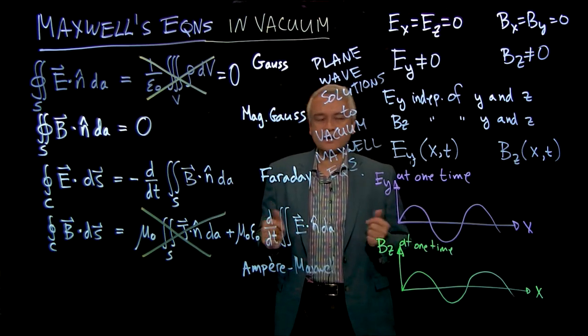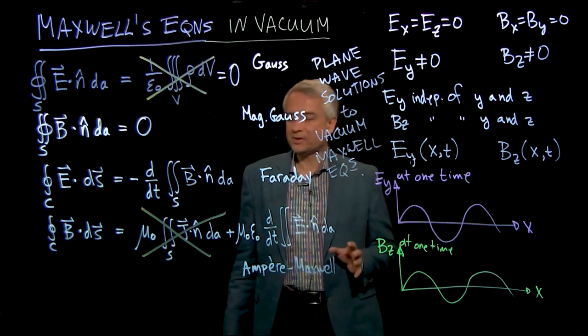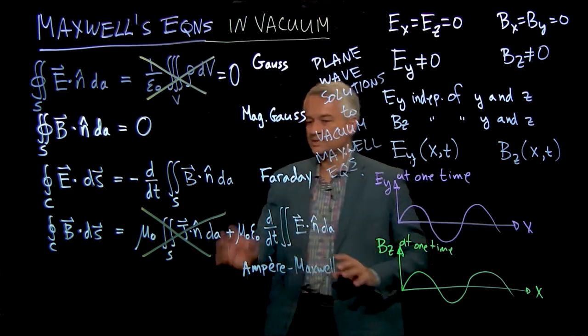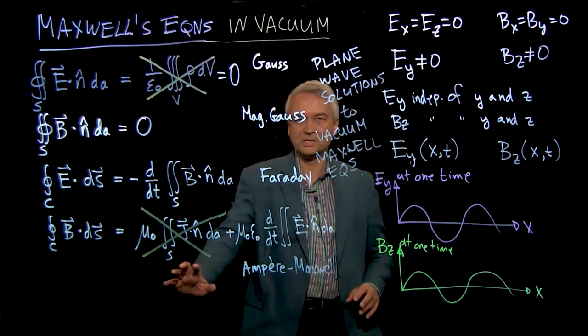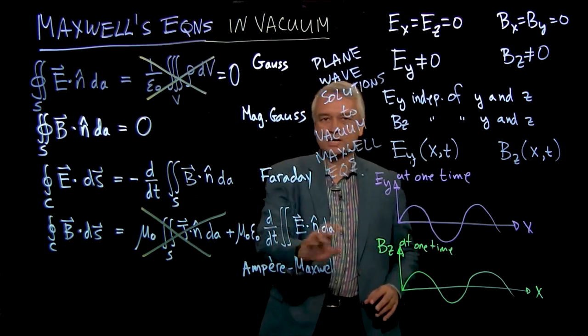So what I need to do now is I need to show you how to find solutions to Faraday and Ampere-Maxwell, emphasis on the Maxwell because Ampere's term is gone. So Ampere-Maxwell, mostly Maxwell.